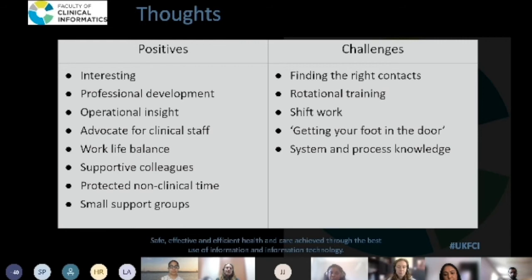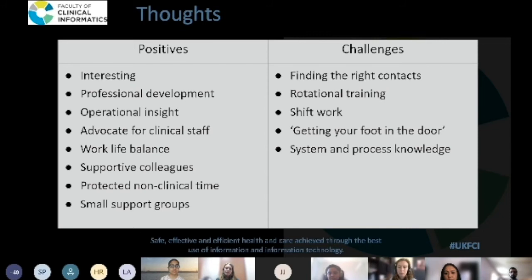And it's also the operational insights of attending lots of meetings and seeing how the budgets run, how one project can impact on lots of other things. And again, I think that's a really interesting experience that we often miss out on in terms of our training as junior doctors. And it's given me that experience that will help me throughout my career in all aspects, both the clinical and the informatics side of things.